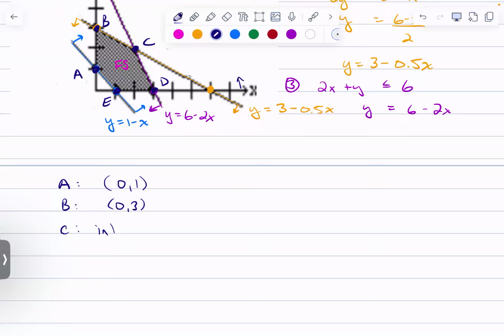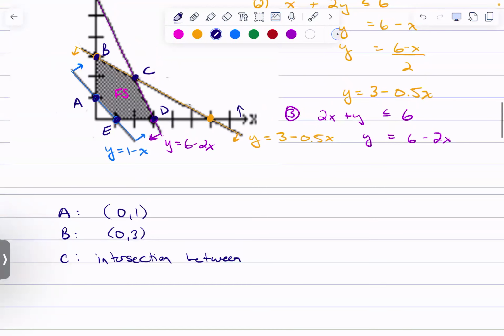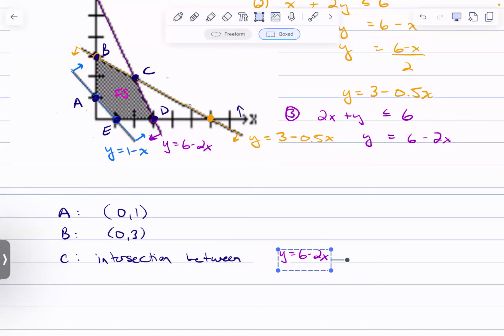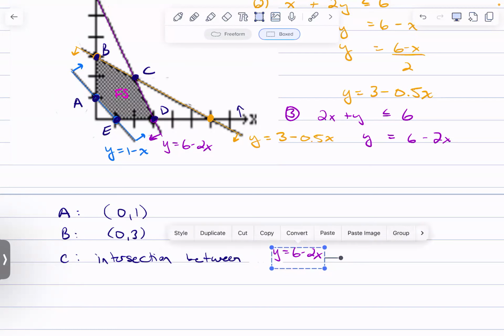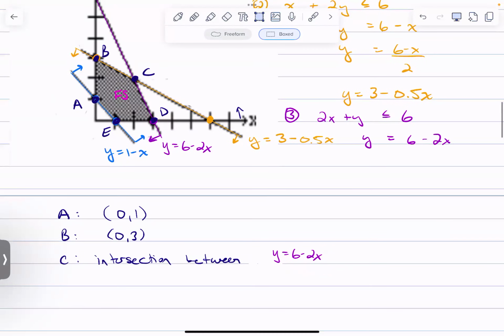C is the intersection between, oops, get caught in the loop here, between which two lines? So C is the intersection between orange and purple. I'll do the purple equation first, and the orange one.